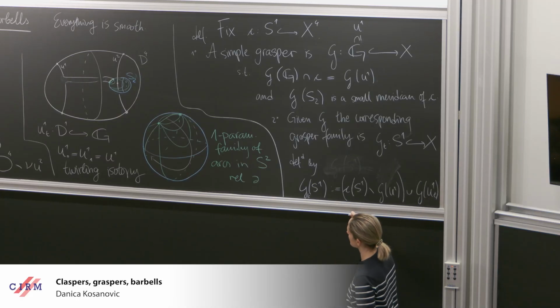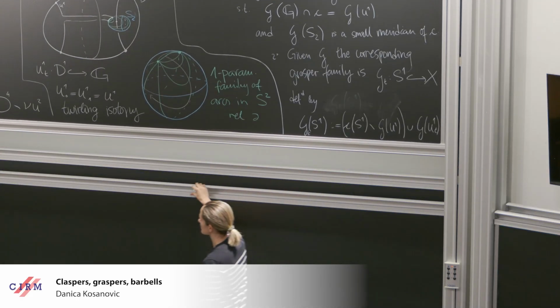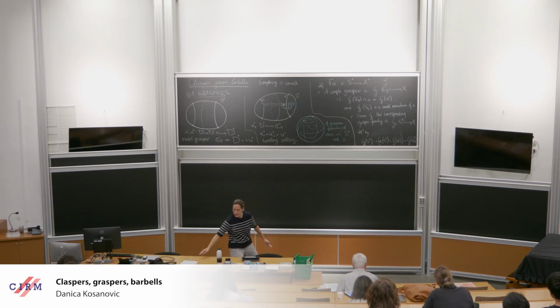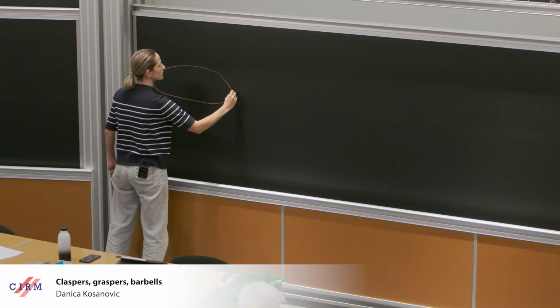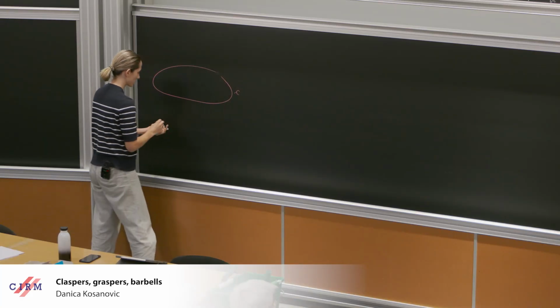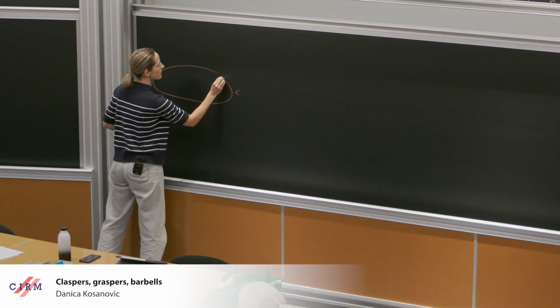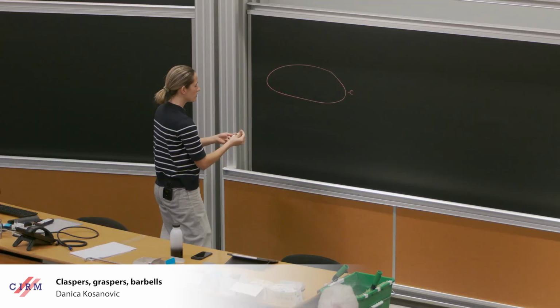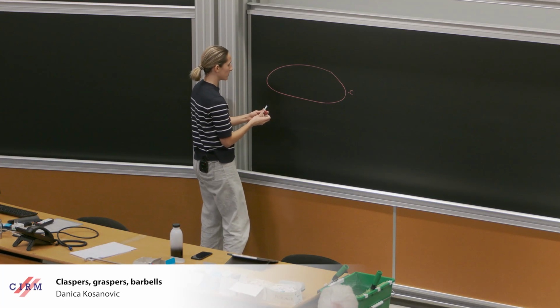Okay, so let me draw a picture. So we now have another thing in the game, and that's our circle, C. And now the only thing that we did, so this grasper is basically, you can think of it as a 4-ball, right? I'm embedding a 4-ball, but with this condition that U1 goes onto like a part here.